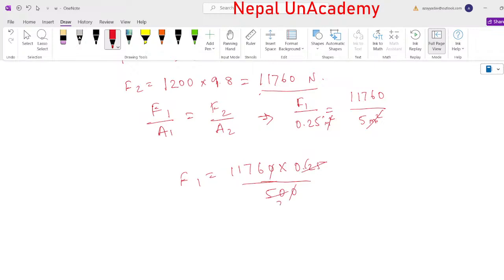This will become 2, and this will cancel out to become 588 Newton. That's the answer. So the force required to lift the car of mass 1200 kg is 588 Newton. That is all about the example. So now we have the hydraulic brake.